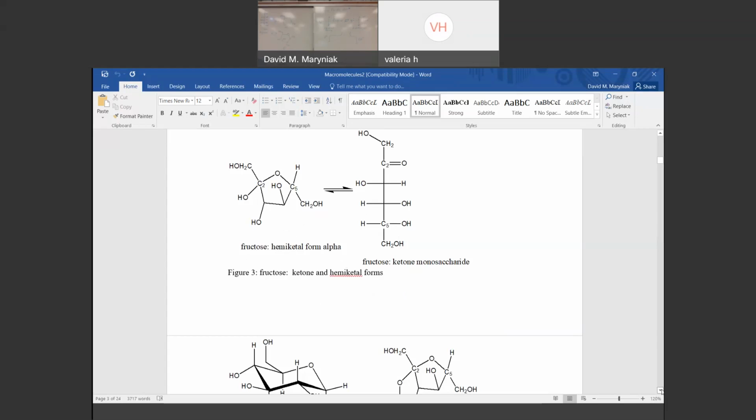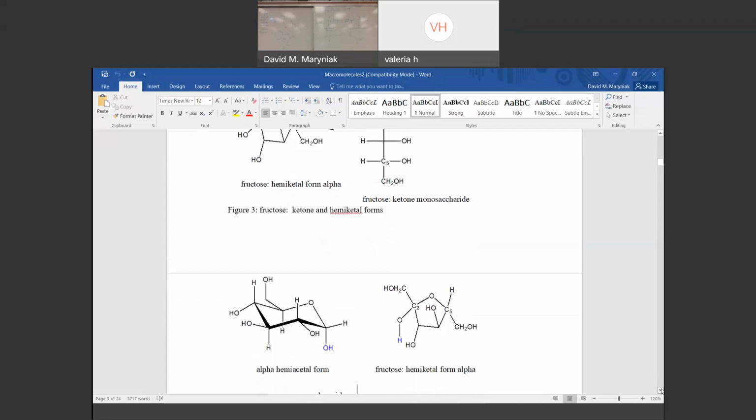So those are what we would use as examples of monosaccharides. So mono just means one. That'll be obvious when we go to this.